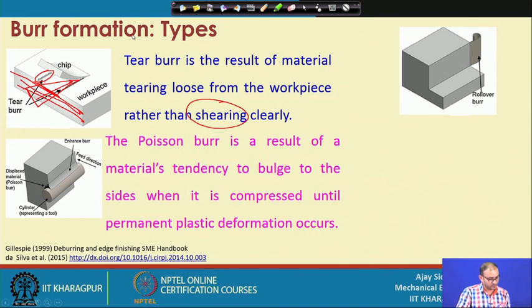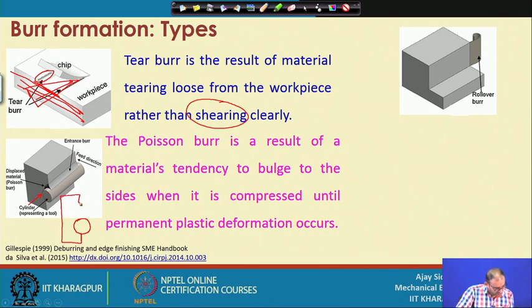Now, these are called Poisson burrs. What is a Poisson burr? A Poisson burr is the result of a material's tendency to bulge to the side when it is compressed until permanent plastic deformation occurs. Consider this is a tool, one cylinder that you are rotating and pressing inside. Consider our tool is a blunt tool. When you press it inside, we are looking from this side, this is the cutting tool and this is the workpiece.